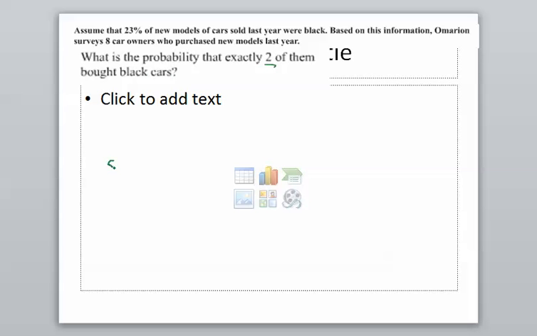So what do we got? We've got 8C2. We've got 0.23 raised to the 2nd power, and we've got 1 minus 0.23 raised to the 8 minus 2 is 6th power.